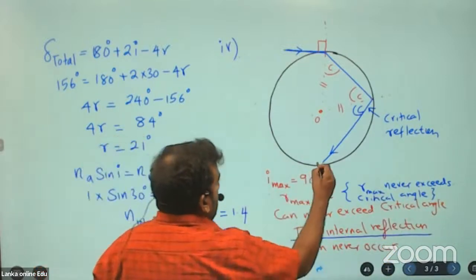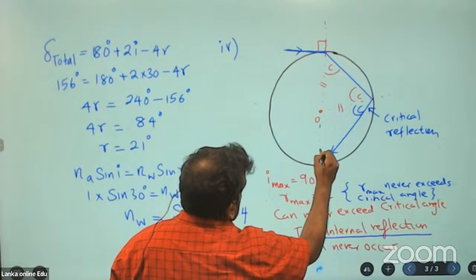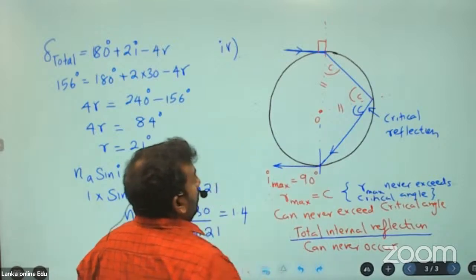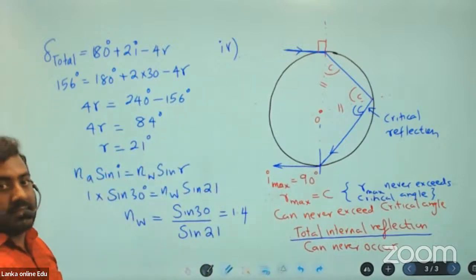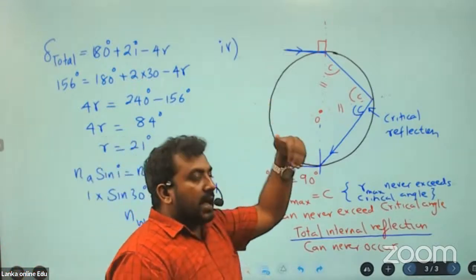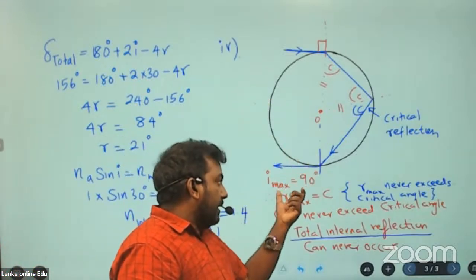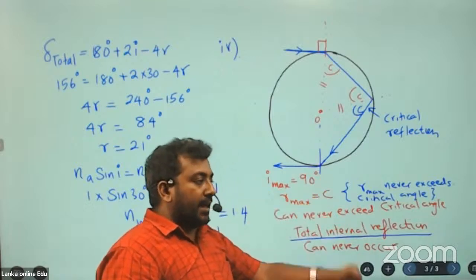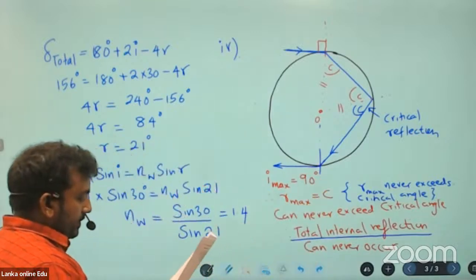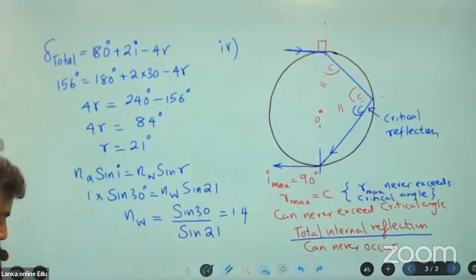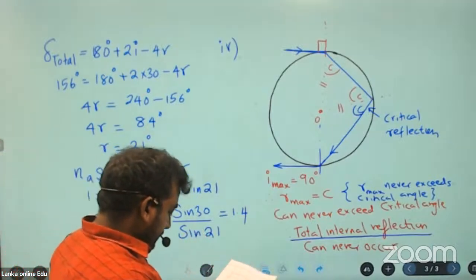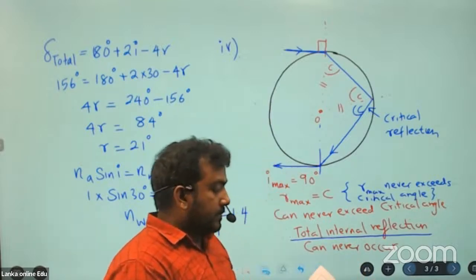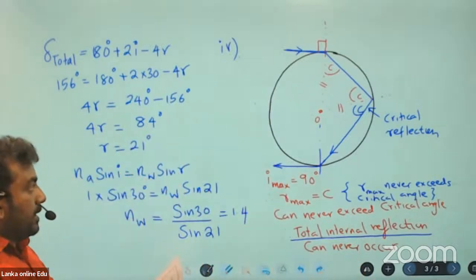So once it comes out, light rays will go along the boundary. So when I is increasing, R is increasing, I maximum 90, R maximum is the critical angle. Total internal reflection can never take place. Right. There you go.